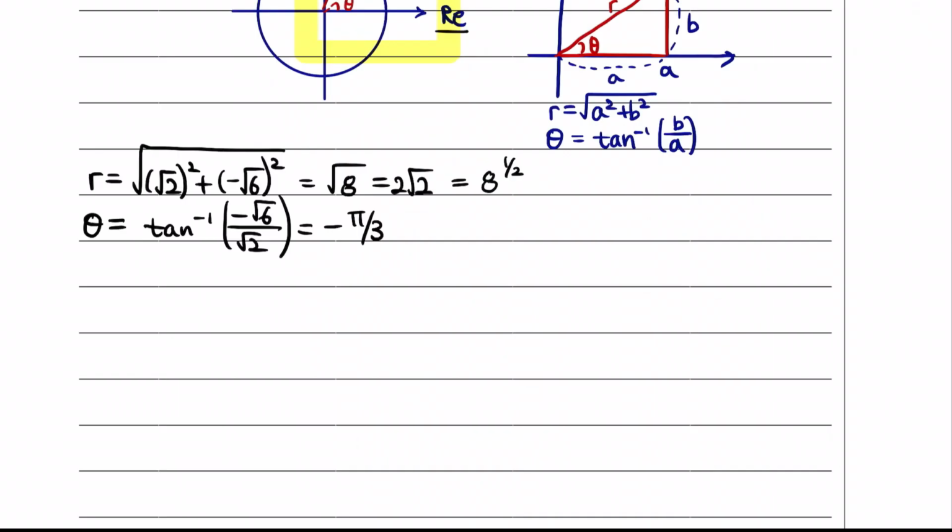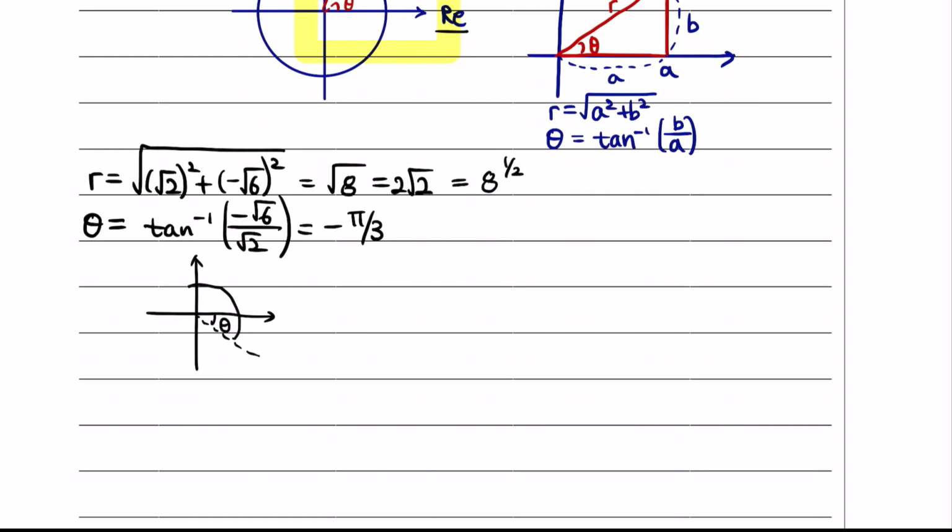However, this theta is not the only answer, because we are looking for theta between 0 and 2 pi. We want to make sure we're getting all the theta within this range. One good way that I use to think is that, okay, our theta is minus pi over 3, so it's somewhere here.